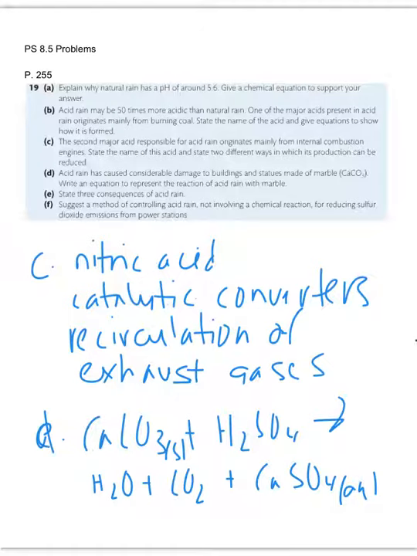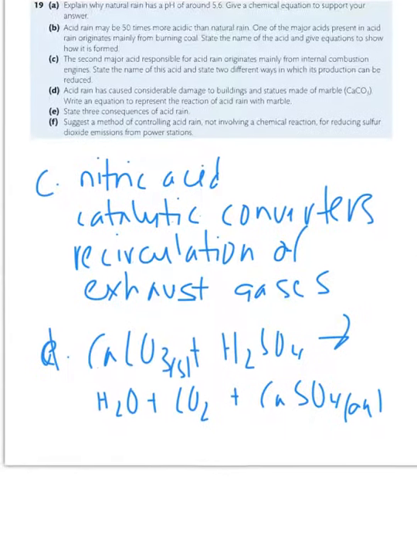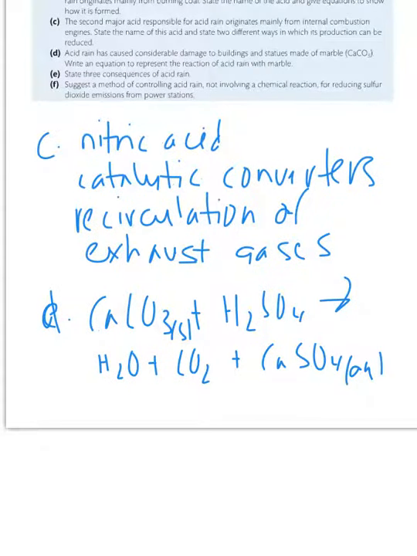So part F, suggest a method of controlling acid rain not involving a chemical reaction for reducing sulfur dioxide emissions from power stations. So a common one is to use an alternative fuel. We'll go ahead and write these down. So F, use other fuels.